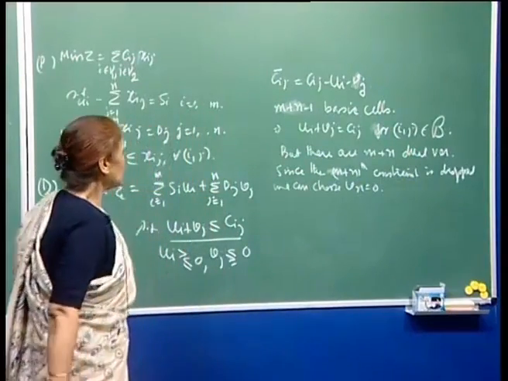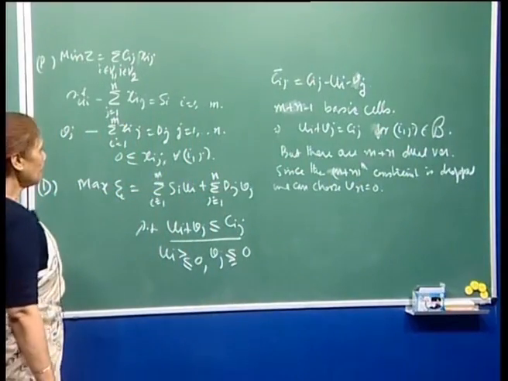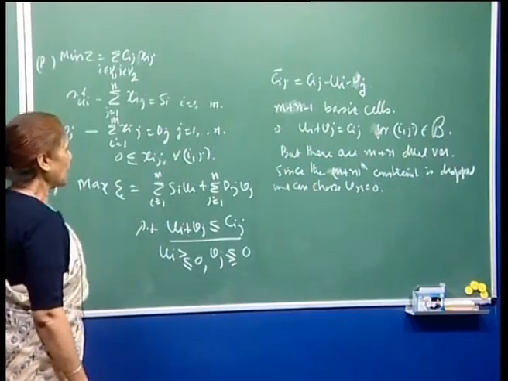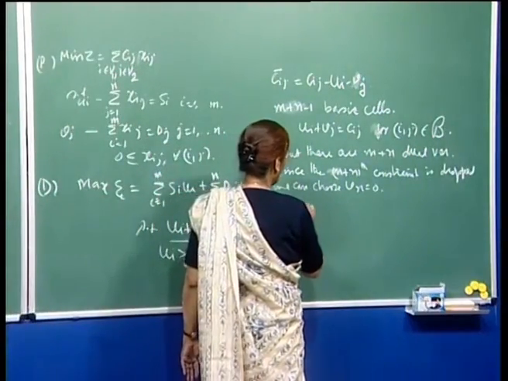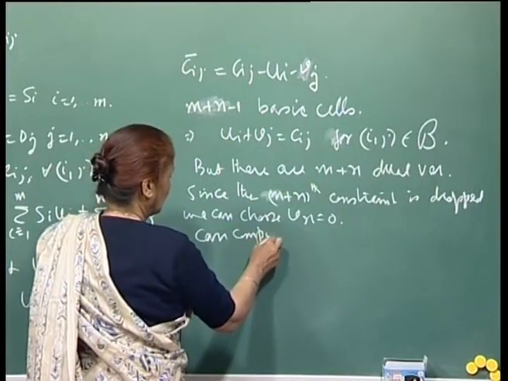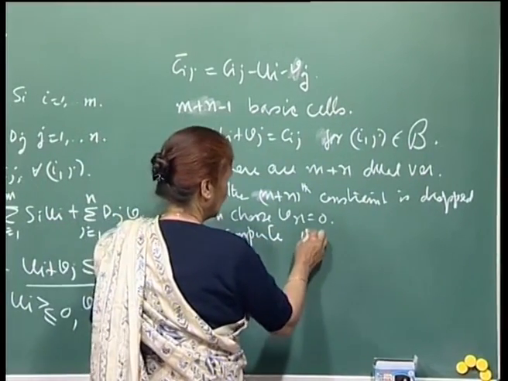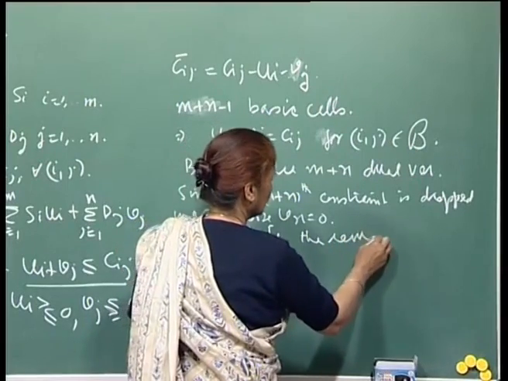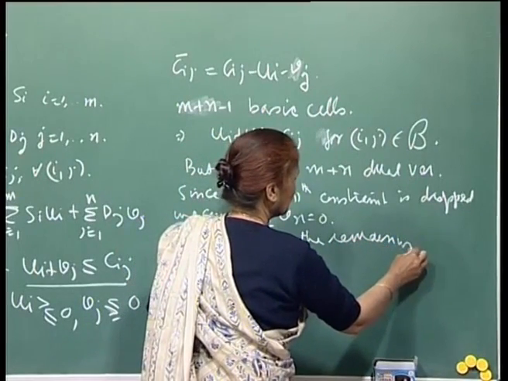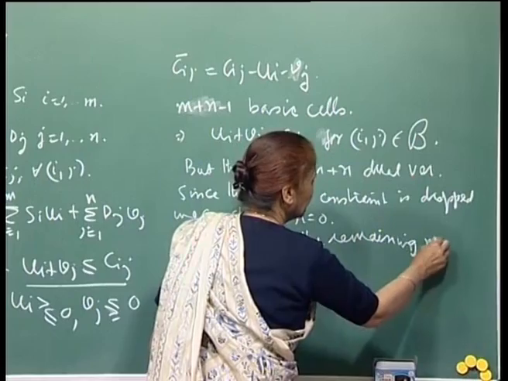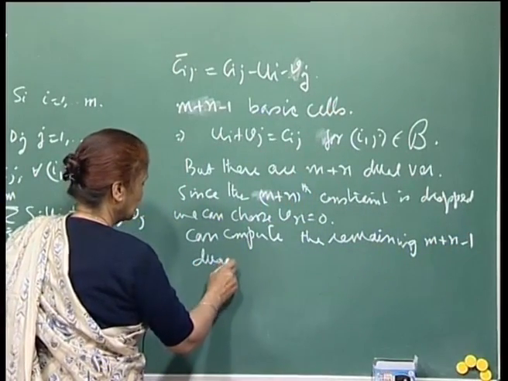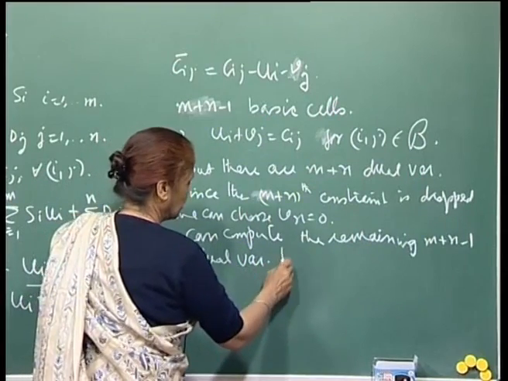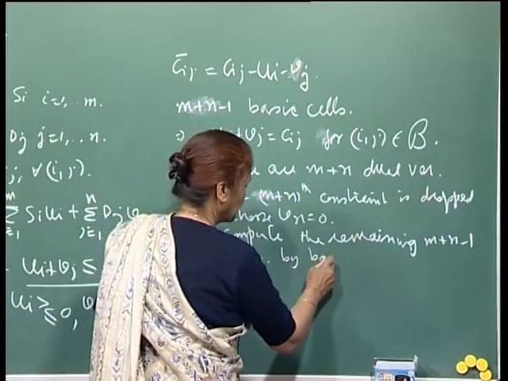But again, because your basis is triangular, you can compute the remaining m plus n minus 1 dual variables by backward substitution.